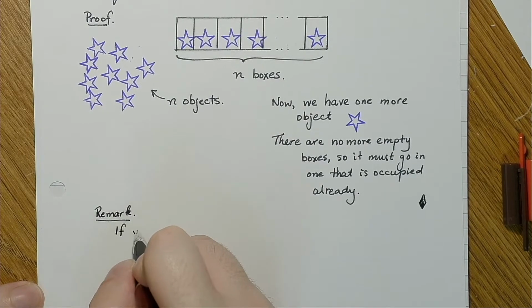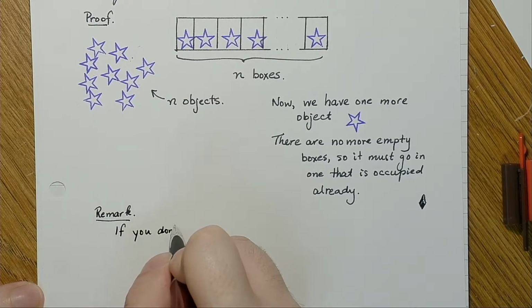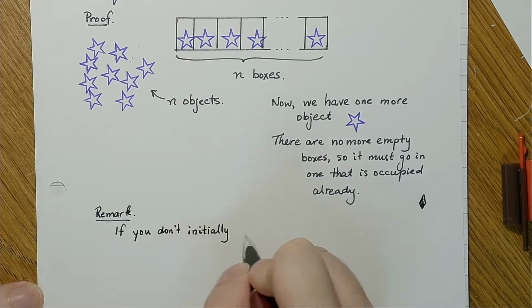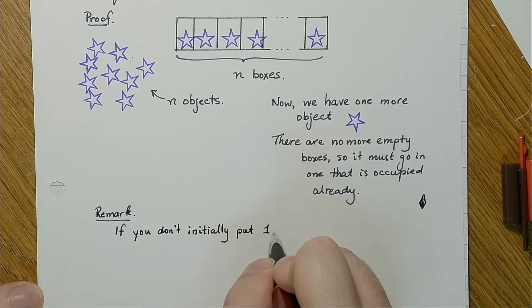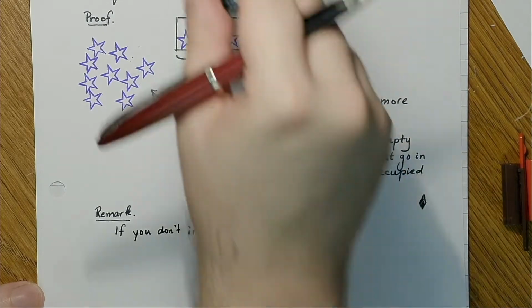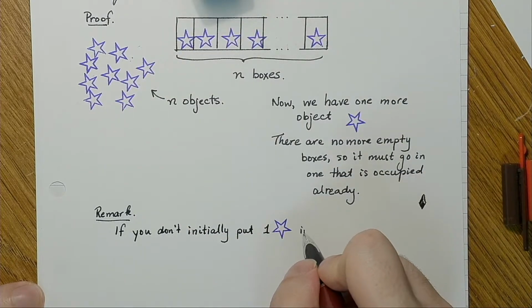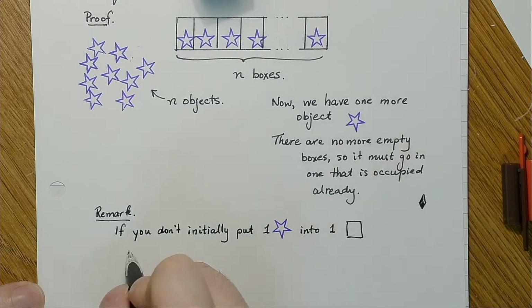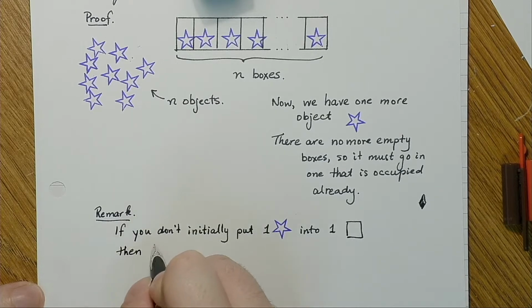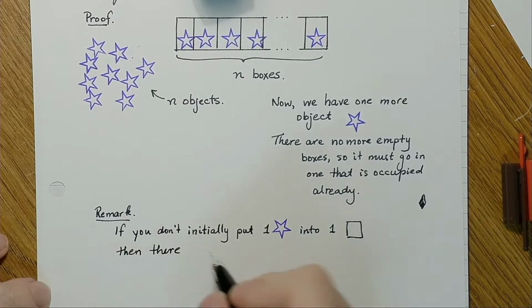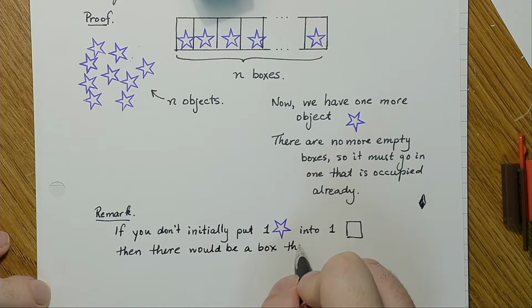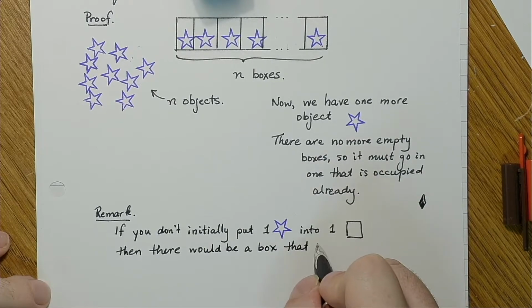But that means, if you don't initially put one object into one box, then there would definitely be a box that has two objects.